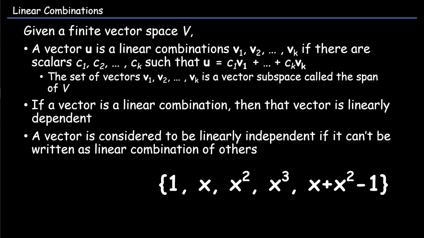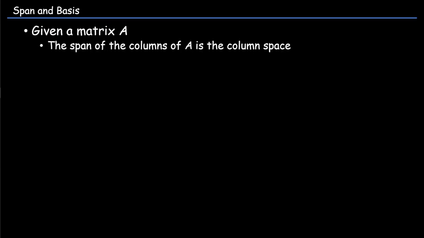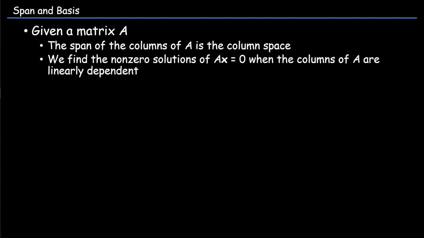The last thing we're going to talk about is span and bases. Given a matrix A, the span of the columns of A is called the column space. So pretty creative with the naming. And we can find the non-zero solutions of Ax equal to 0 when the columns of A are linearly dependent.